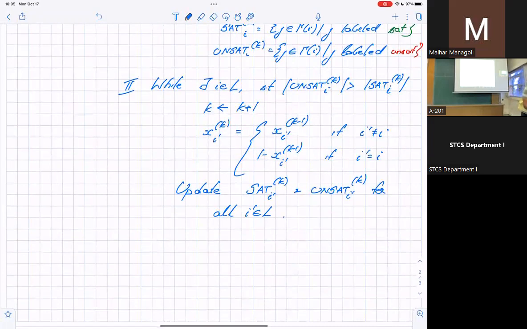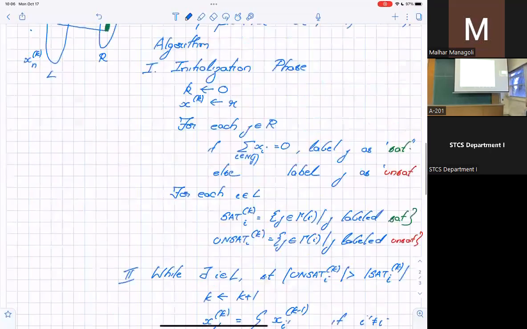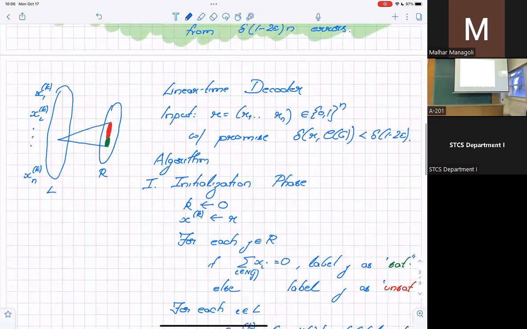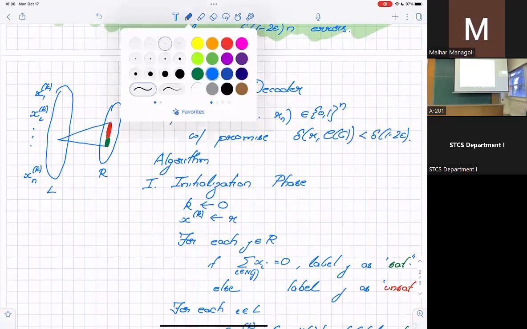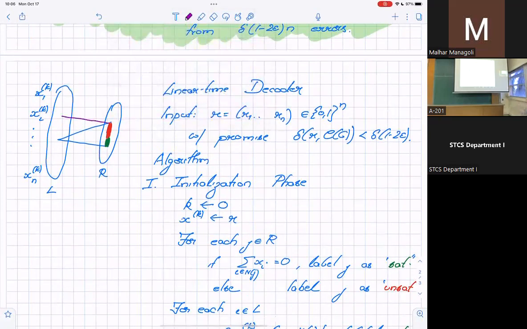So for all i prime such that the usual graphical distance between i and i prime is 2, go ahead and change all of them. This was the final loop, and finally we return. So this is basically all the set of this neighborhood.